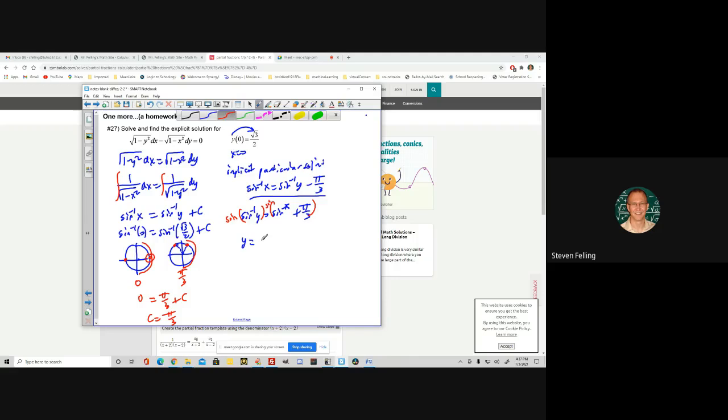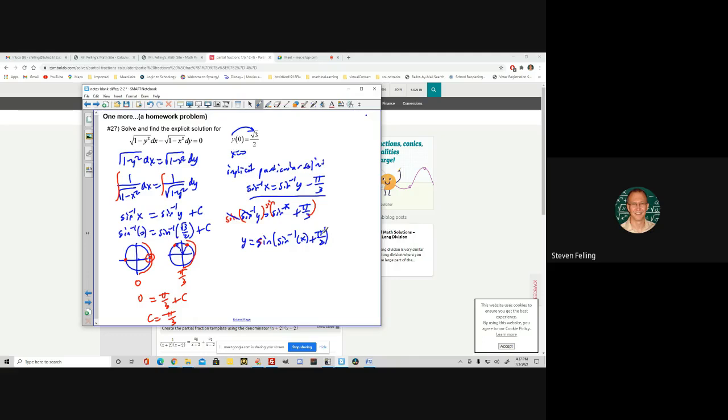So you would get y equals the sine of the inverse sine of, let's see, I'm going to get ahead of myself here. Yeah, inverse sine of x plus pi over 3. There we go. All right.